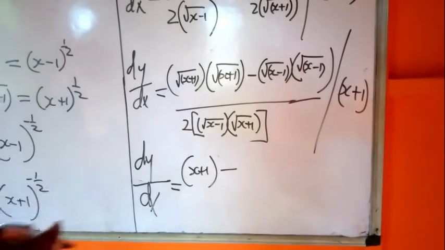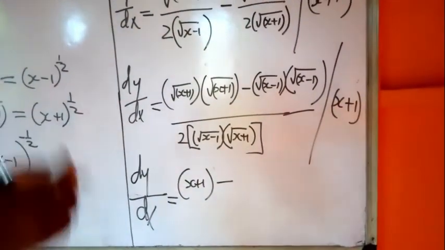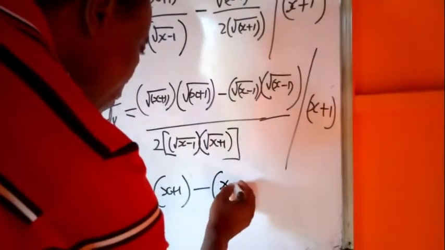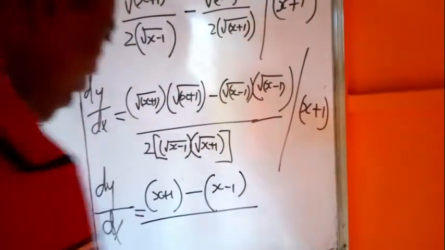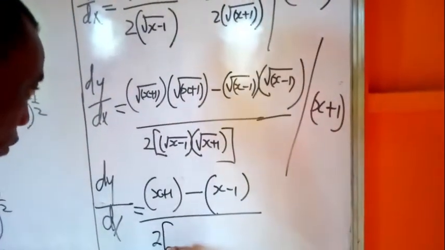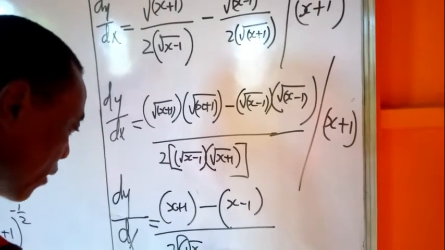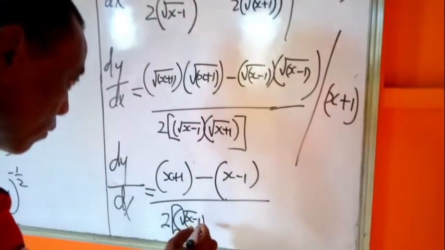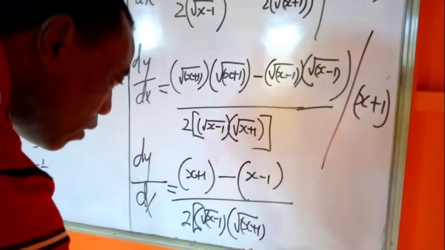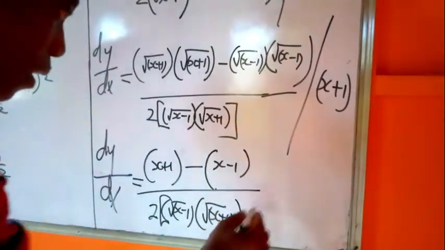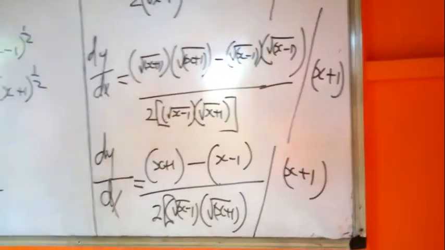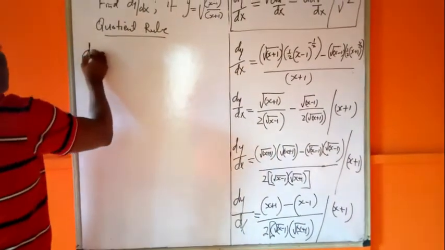Root x minus 1 multiplied by root x minus 1 will give you x minus 1, all over 2 into root x minus 1 into root x plus 1, divided by x plus 1. Bring up what we have below.